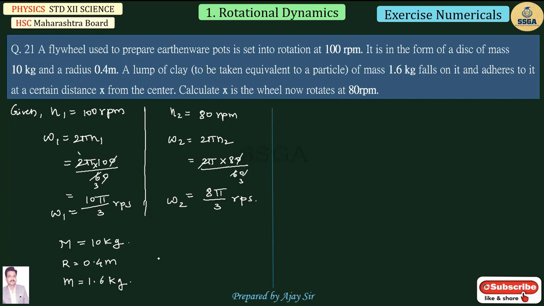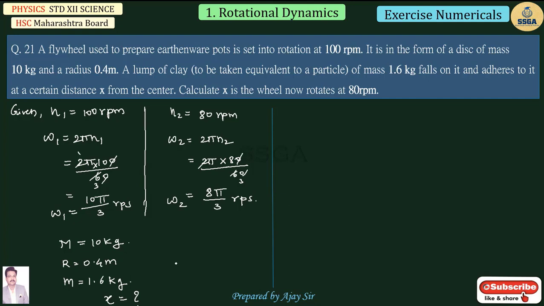Initially the frequency of rotation is 100, and after the clump falls on that disc, the frequency is now less than the initial, that is 80 revolutions per minute. So you have to find at which distance the clump falls, that is, you have to find the value of x.